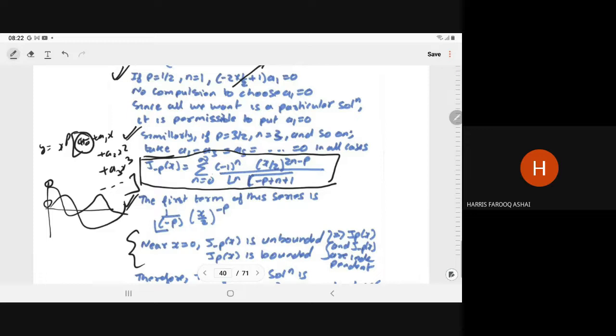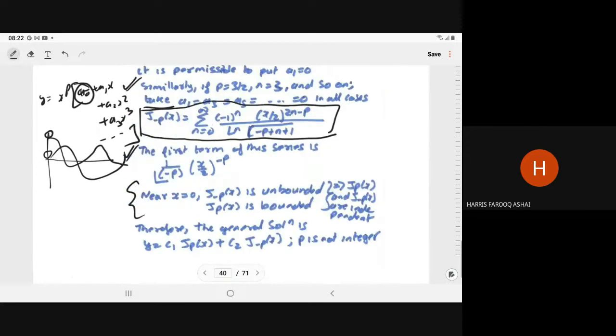If both are independent series, what will be the general solution? General solution is c1 J p plus c2 J minus p. In this way we can write the general solution, otherwise you cannot write it. So the general solution will be y is equal to c1 J p x plus c2 J minus p x.